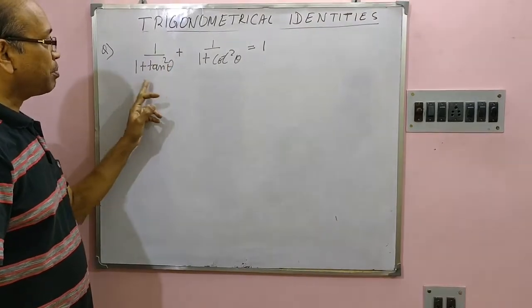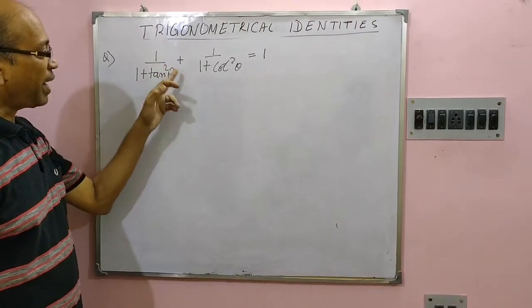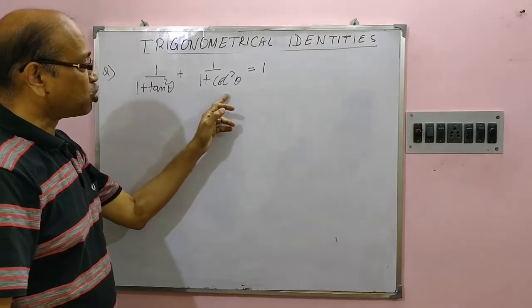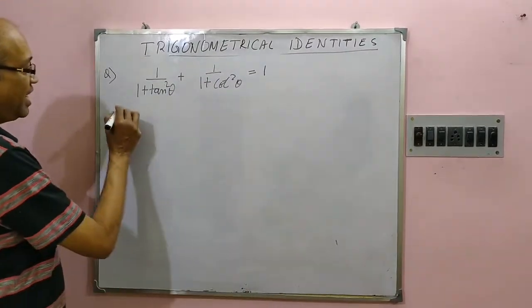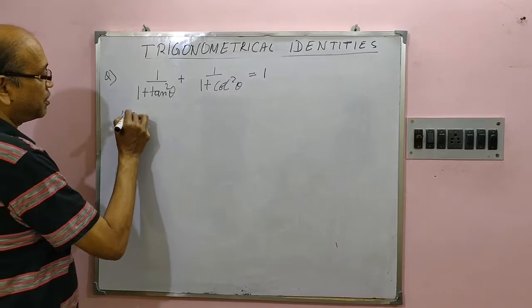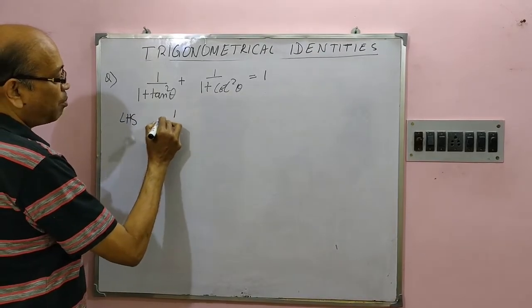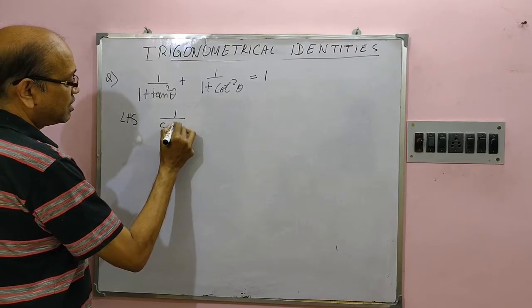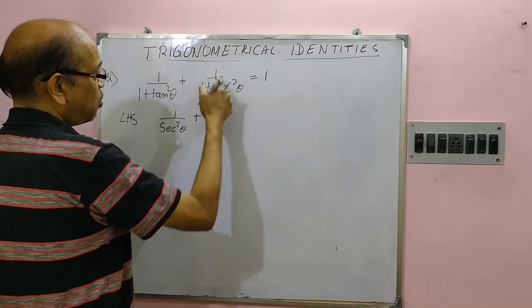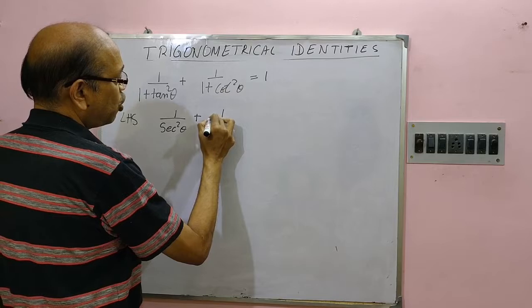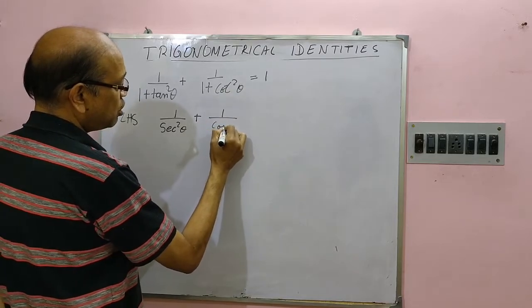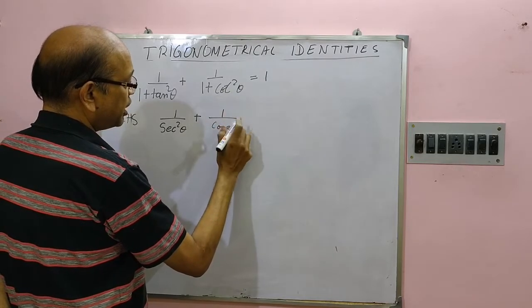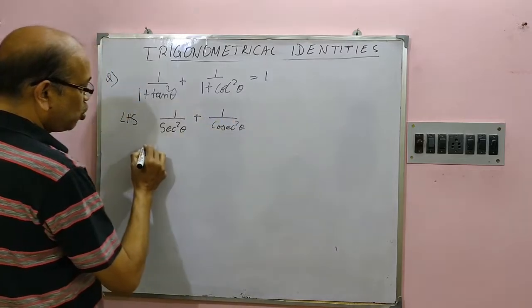The next numerical: 1 by 1 plus tan square theta plus 1 by 1 plus cot square theta is 1. Left hand side, 1 by 1 plus tan square theta can be written as 1 by secant square theta, plus 1 by 1 plus cot square theta can be written as 1 by cosecant square theta.